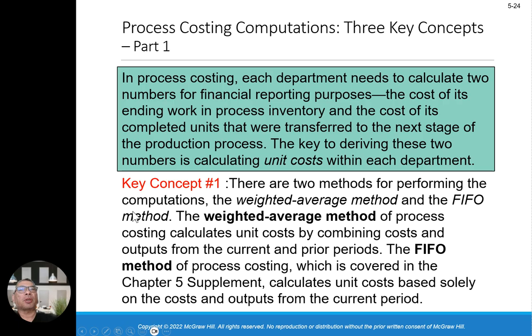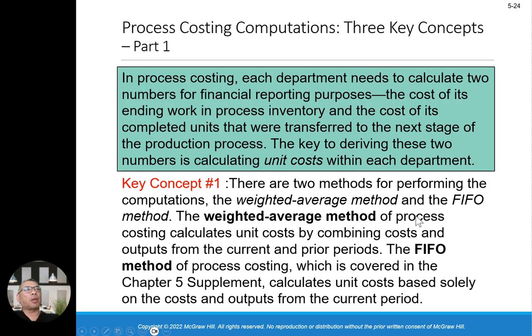Okay, I mentioned to you in the previous chapter that LIFO is not used anymore. 30 years ago, 40 years ago, when I was still studying my MBA, we were still using LIFO. Now in the system, the only methods being used and acknowledged are weighted average cost and FIFO, and the other one is the specific average method.